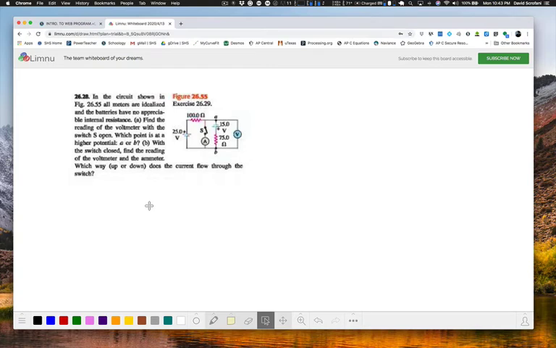You're more likely to get something like this, where careful application and choice of which loops to look at and a deep conceptual understanding of the process will yield an answer much more quickly than just plowing ahead and writing lots and lots of equations.